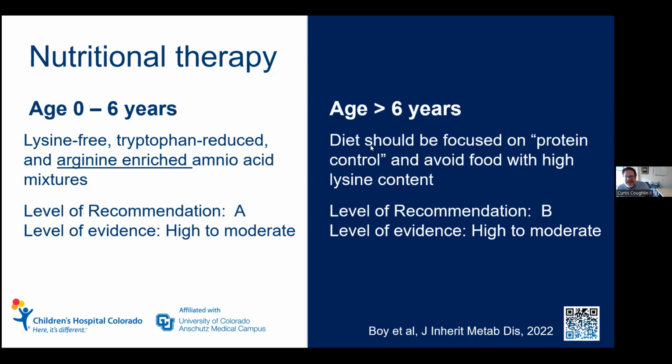We are again using that cutoff at age 6 because we think that the life-altering risk of a brain injury, that metabolic stroke, happens before the age of 6. So in this higher risk time, the recommendation is really to use a lysine-free, tryptophan-reduced, and arginine-enriched formula.